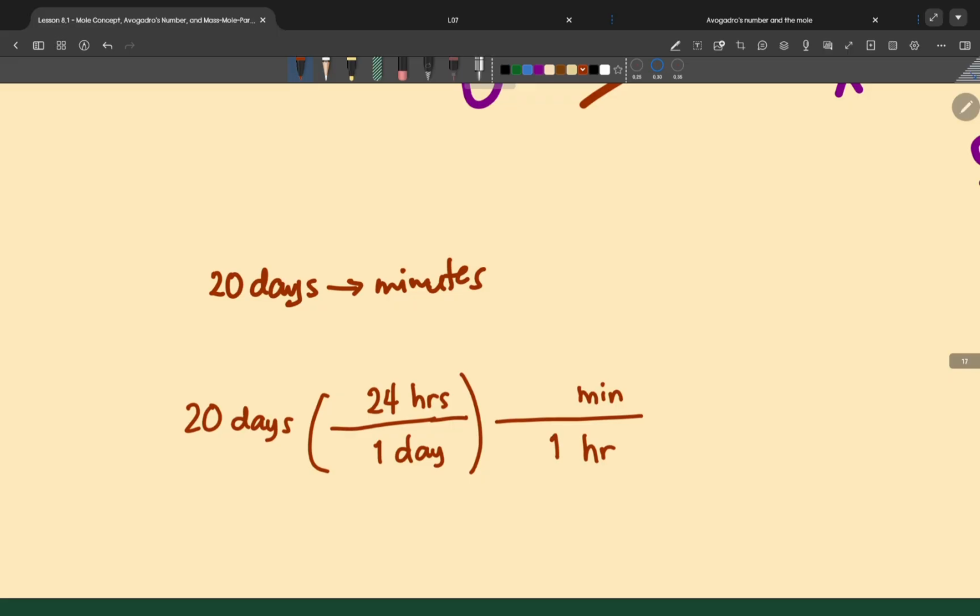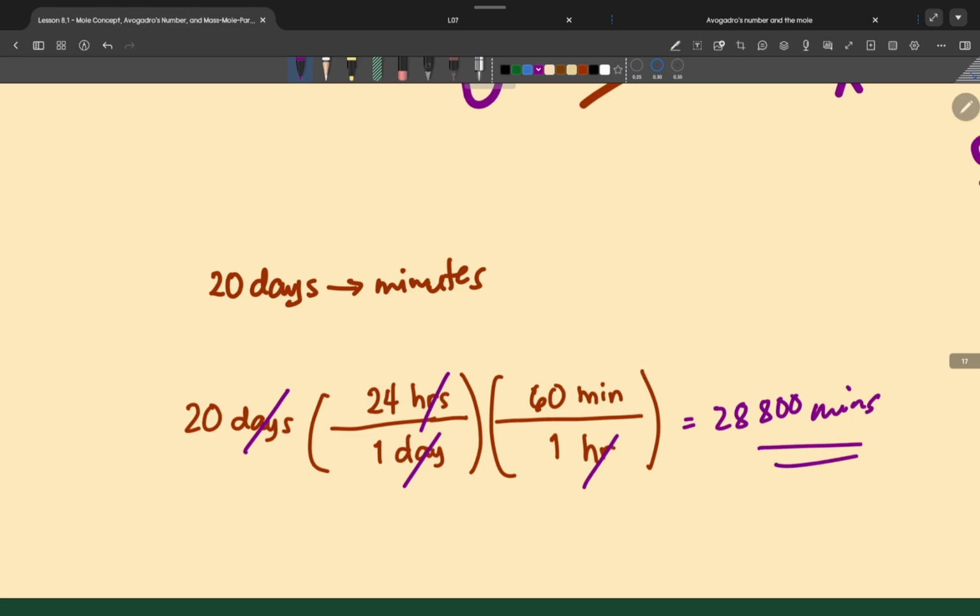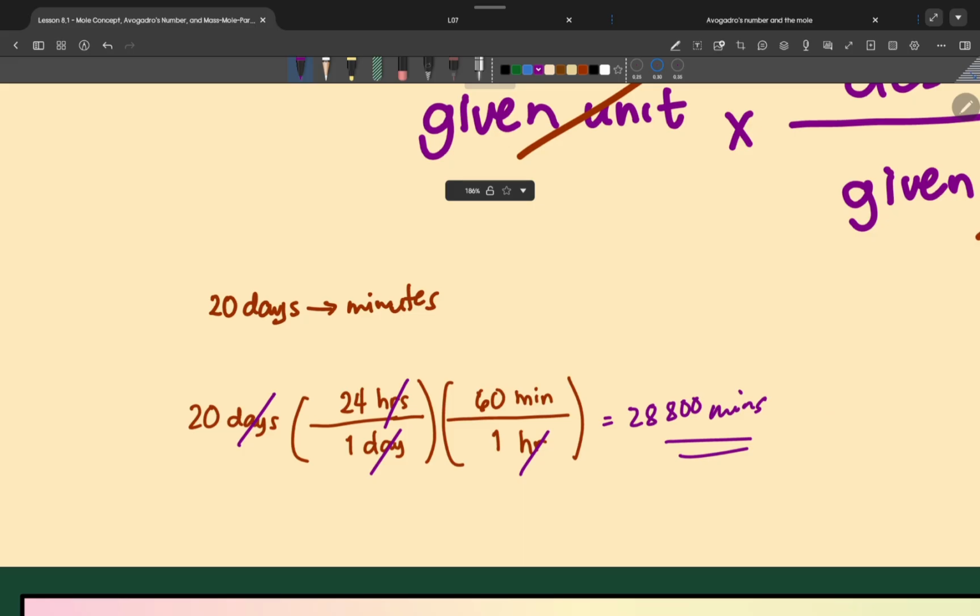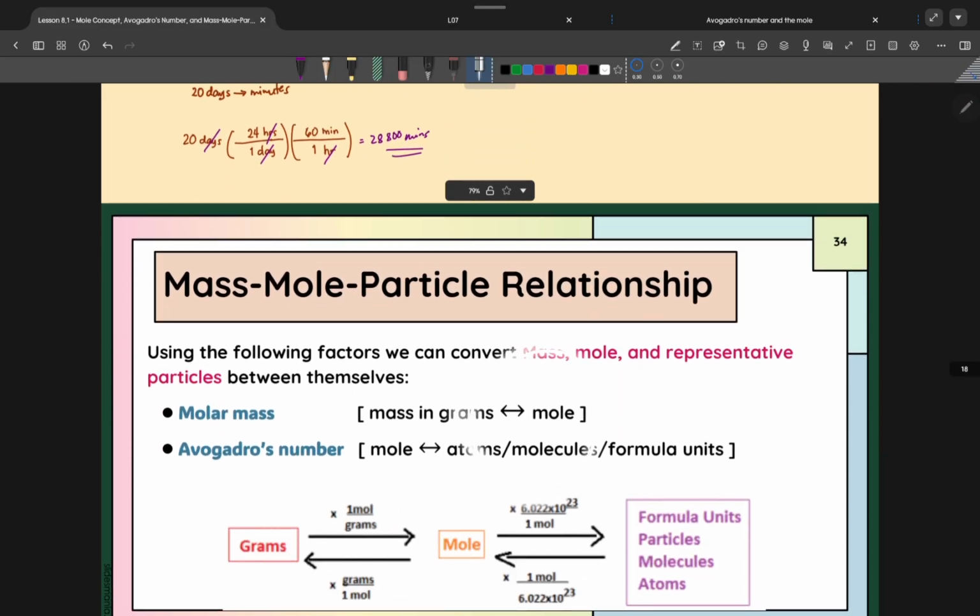And we know that 1 hour is equal to 60 minutes. Now we can cancel out the units and the answer will be in minutes. So that is 20 times 24 times 60 divided by 1, which is 28,800. Basically you are just converting using conversion factors, and that is what we will do here also.